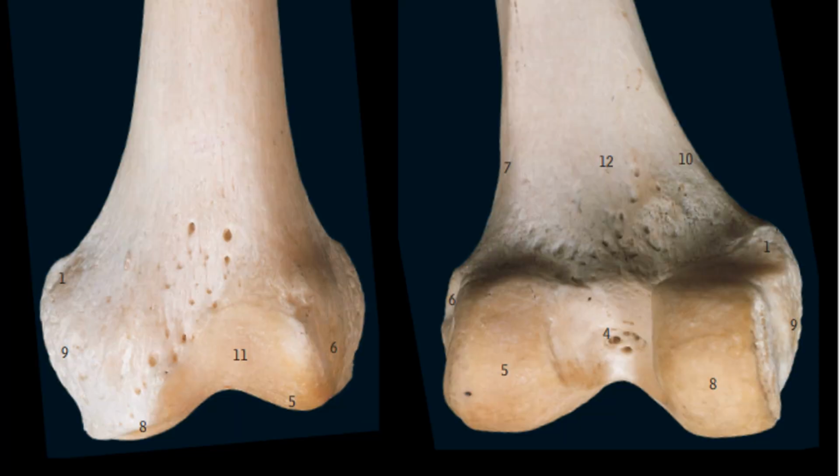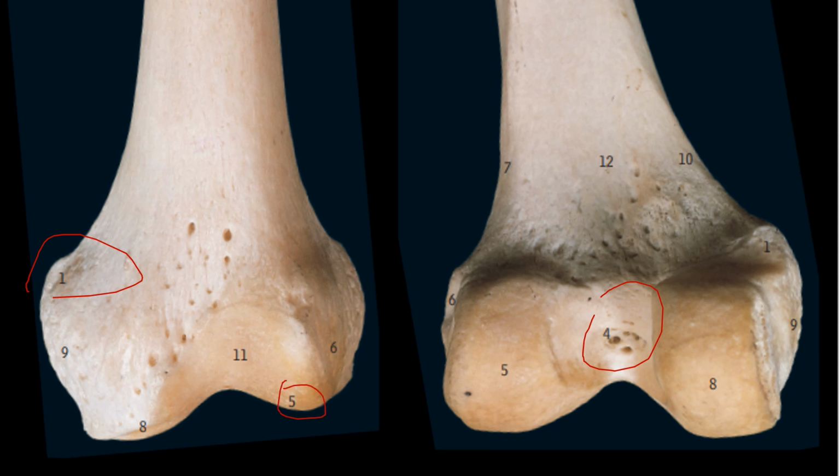It is a structure in which number one is the adductor tubercle. The second one is the groove for the popliteal tendon. The third one is the impression for the lateral head. The fourth one is the intercondylar fossa. Fifth one is the lateral condyle.